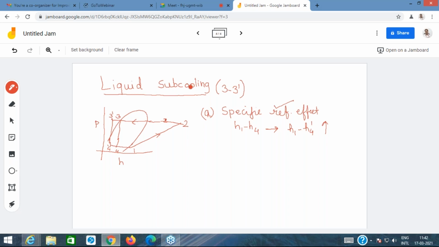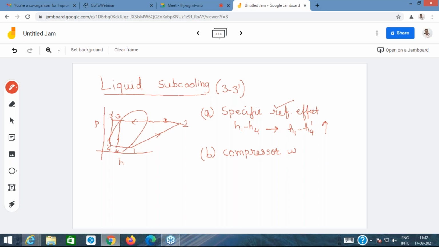Now what happens to the compressor work? Because when you are talking about the impact, we are basically concentrating our attention on these two things. One is the specific refrigerating effect and the other is the compressor work. So what happens to the compressor work? I am talking about specific compressor work.